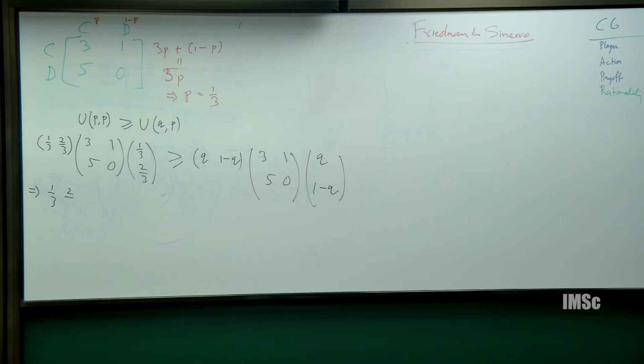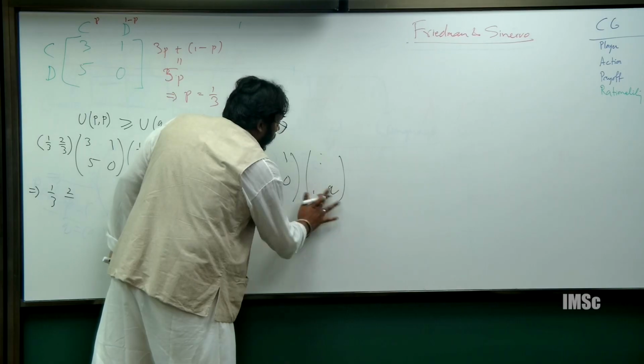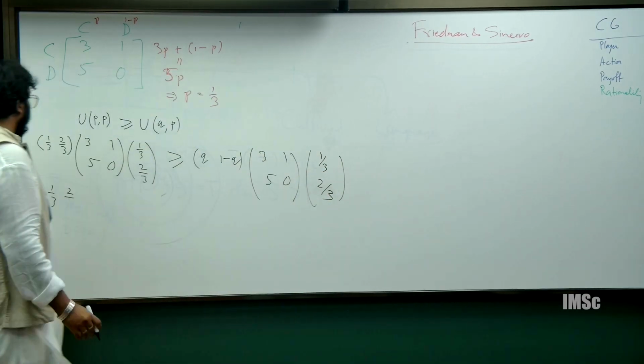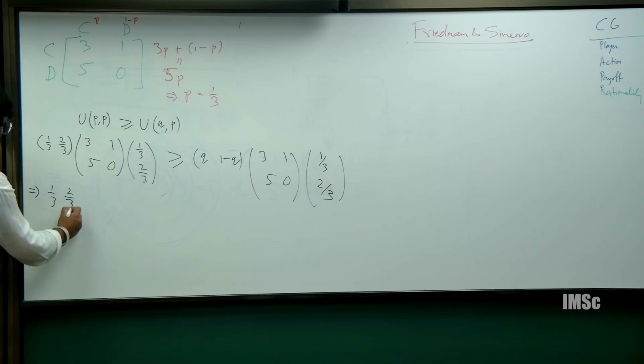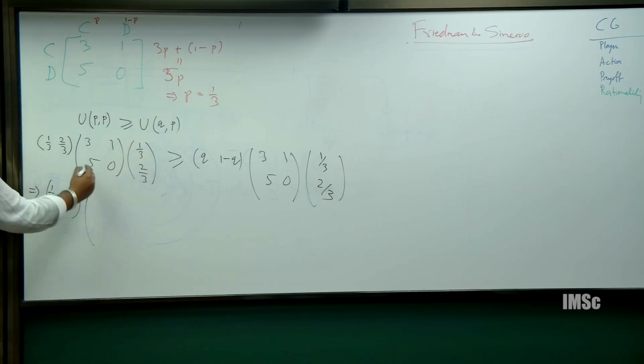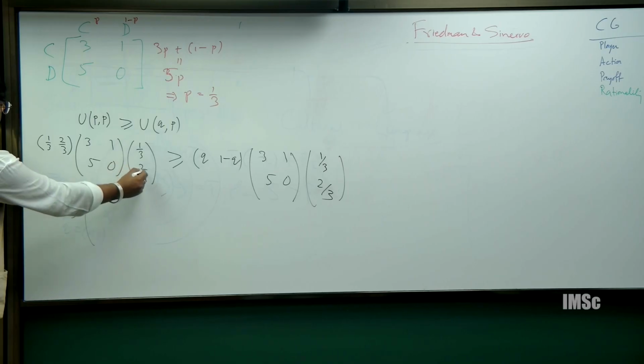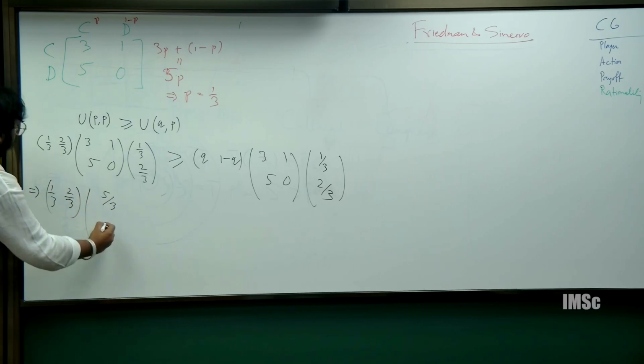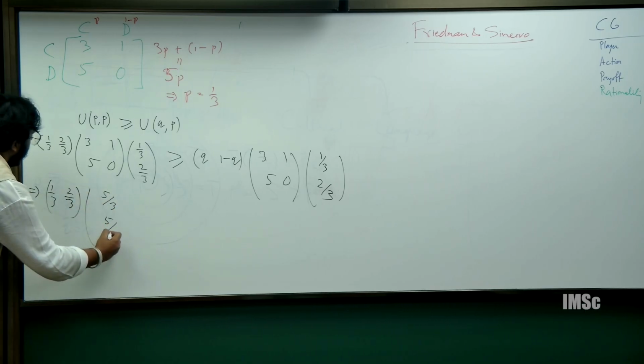This multiplication is going to give me 3 times 1/3 and 2 by 3. So that is 1 plus 2 by 3, 5 by 3, right? And this is 5 by 3.